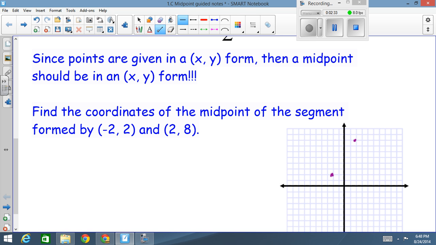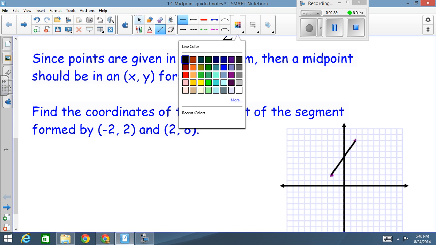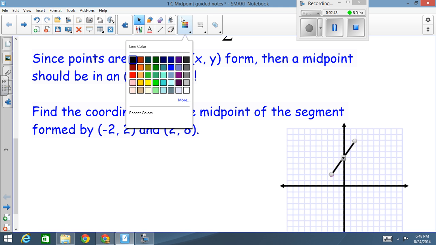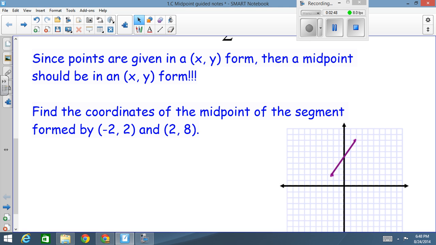A lot of times people think when they see midpoint that it's going to be just a number. Like, oh, the midpoint is 7 or something like that. But really, when you're asked to find a midpoint on a line, on the grid, it's going to be in XY ordered pair form.